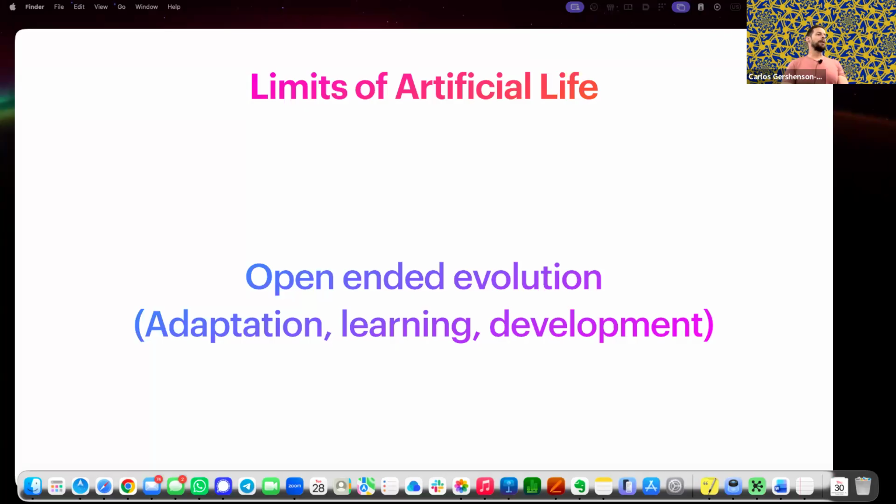Yeah, and another limitation is that, in a way, open-ended evolution is related with strong emergence, because basically when we have new types of things evolving, these things generate new constraints on the original things that we were evolving.